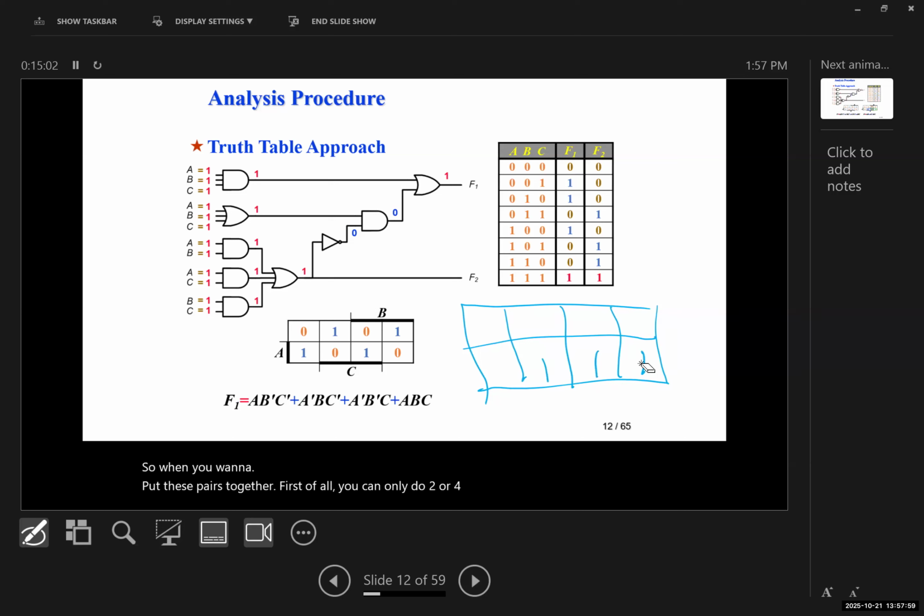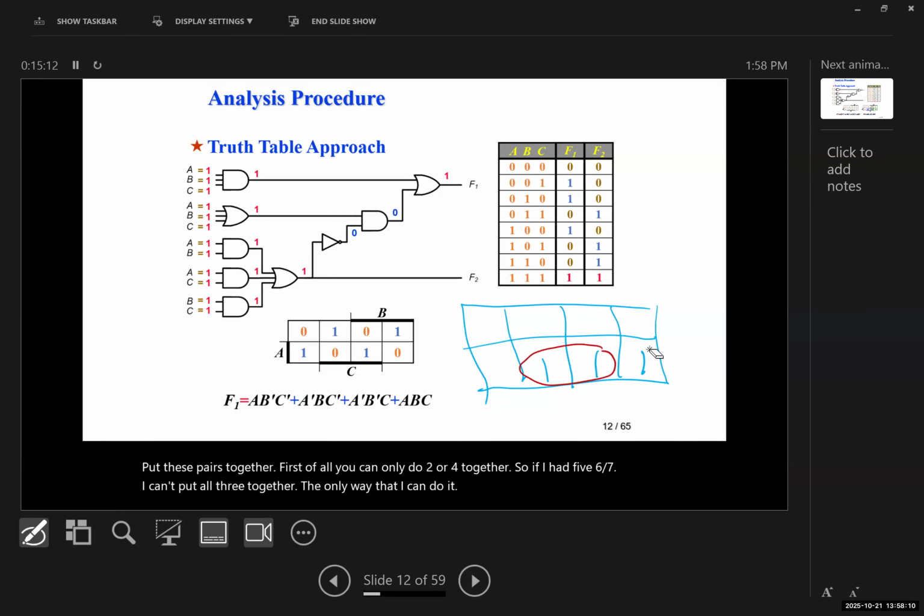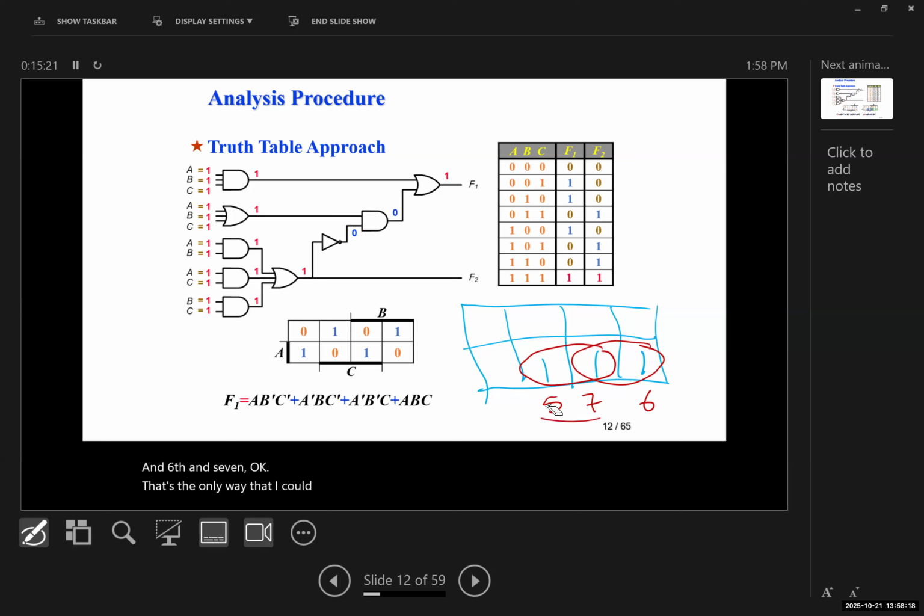So if I had 5, 6, 7, I can't put all 3 together. The only way is to pair them 2 by 2. So I can do 5 and 7, and 6 and 7. That's the only way I could do it. 5 and 7 combined is equal to AC, and 7 and 6 is going to be AB.